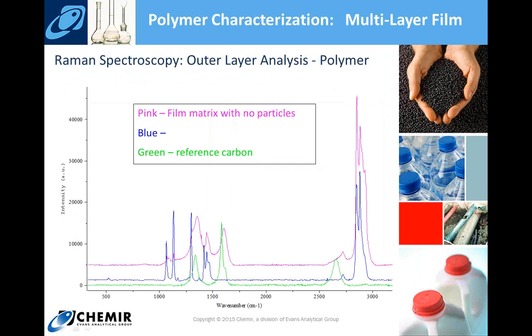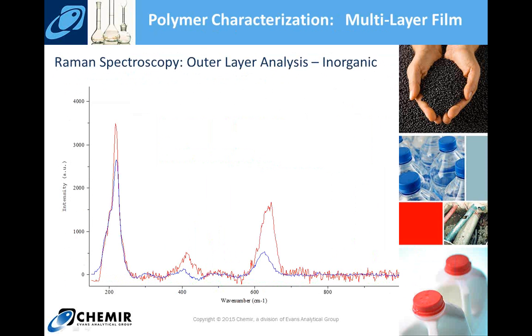So essentially what we're looking for in this pink, the matrix with no inorganic particles, was the presence of some carbon that was dispersed throughout the material as a uniform blend. And so this analytical technique was simply used to indicate elemental carbon, which was designed to be in one of the polymer layers. Again, just representing a different analytical technique, providing a chemical fingerprint for elemental carbon.